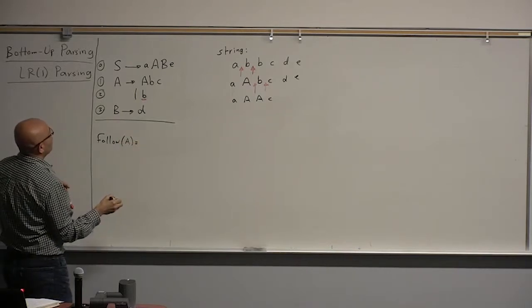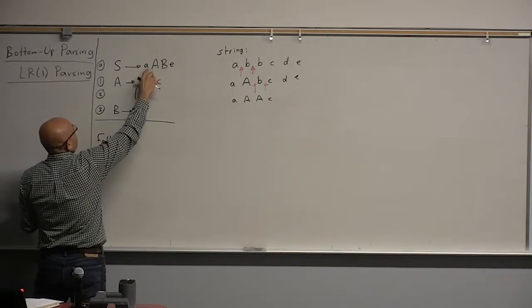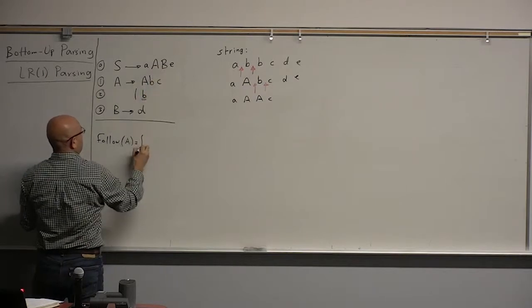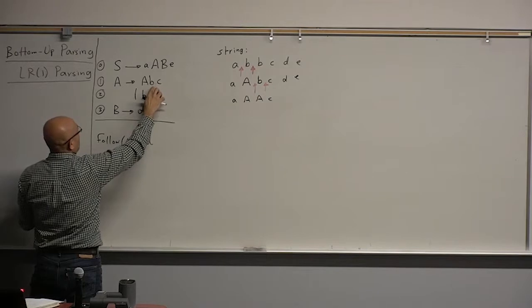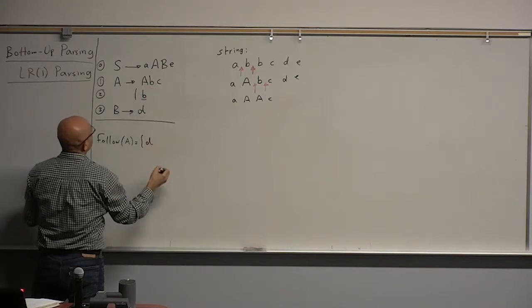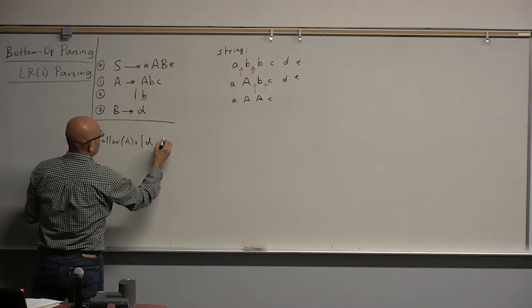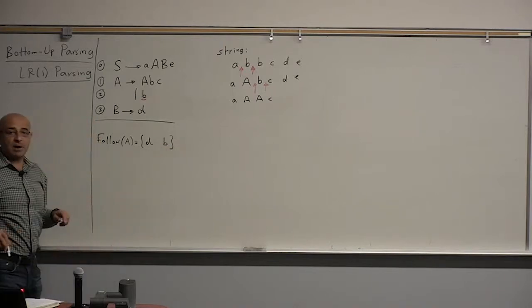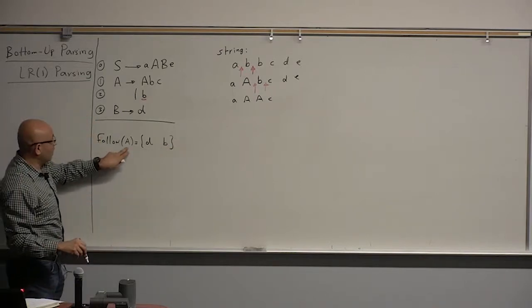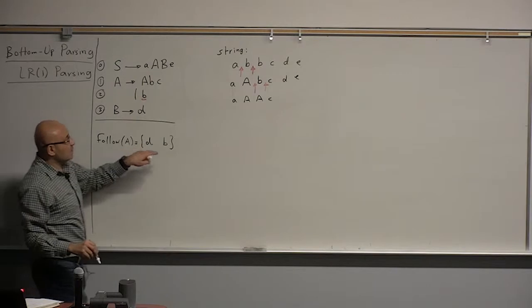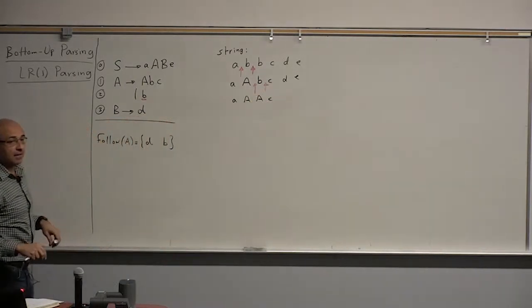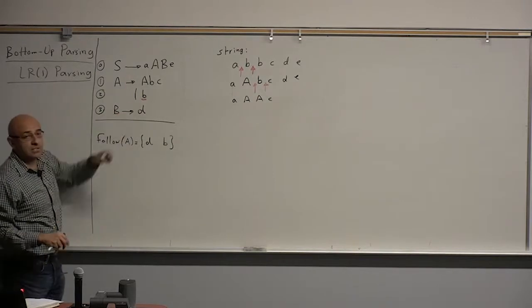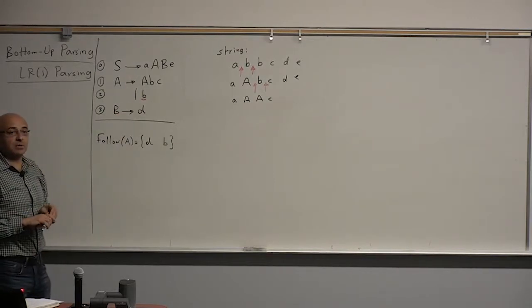A here is followed by a big B, which is a D, or a small b, right? So this is about what we have in the follow set of A. Since the look ahead is not in the follow set of A, this reduction will not be a valid reduction at this point, right?